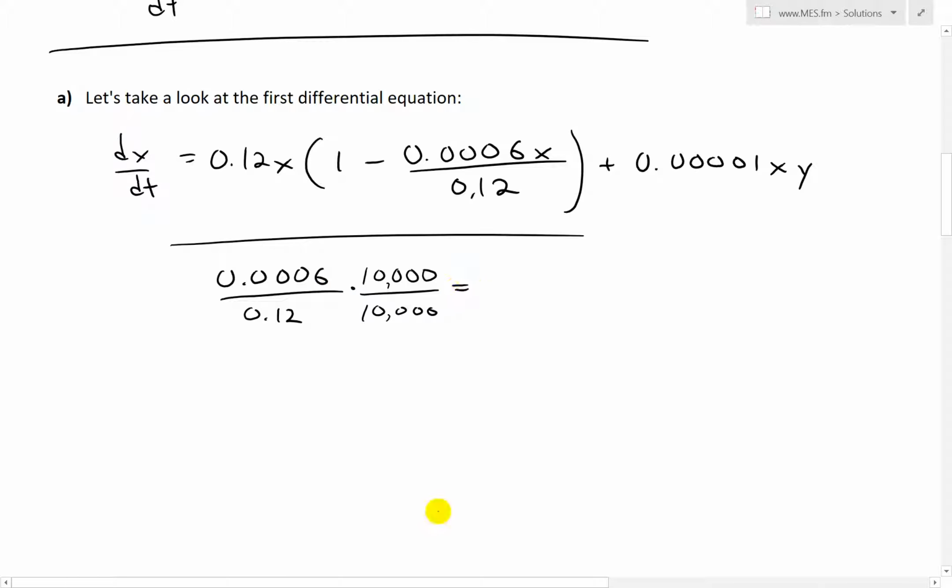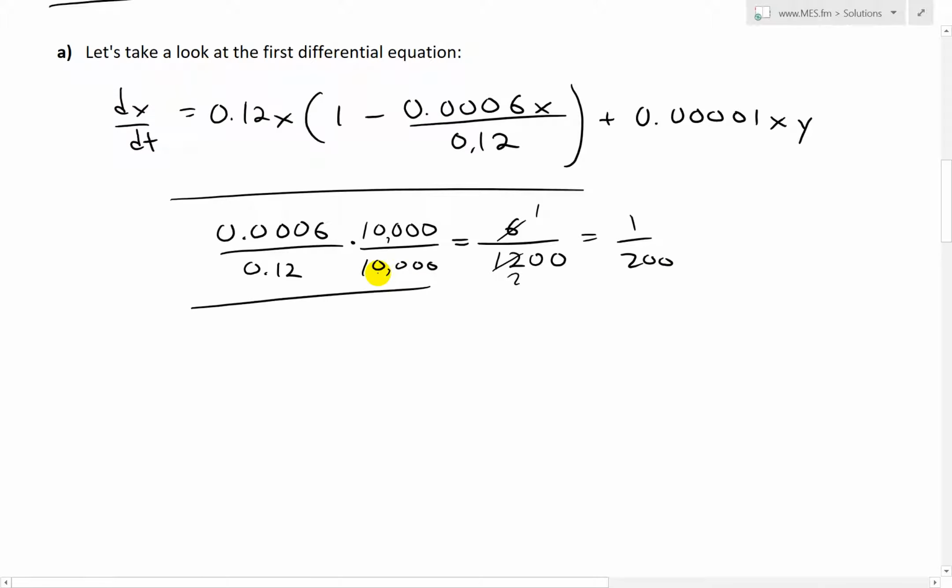What we get is 6 over 1200. Now if we divide this out, 6 goes into 12 two times, so we get 1 over 200.